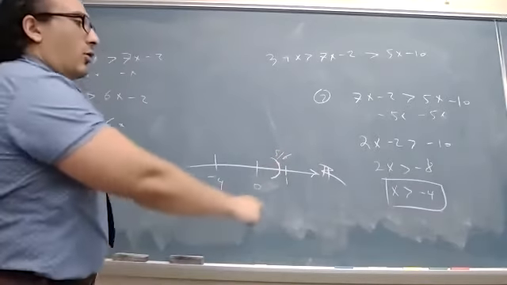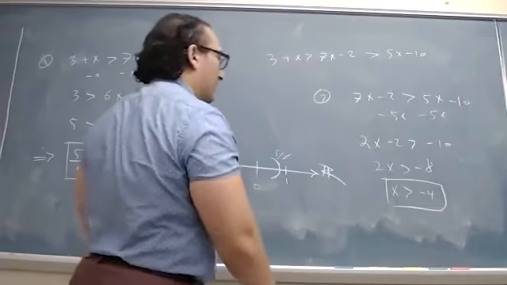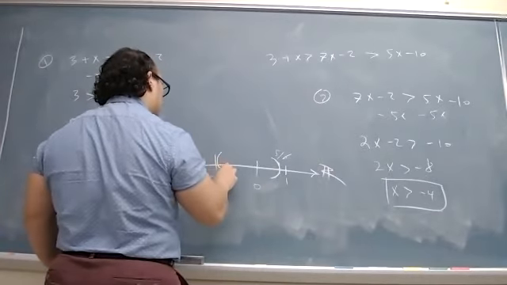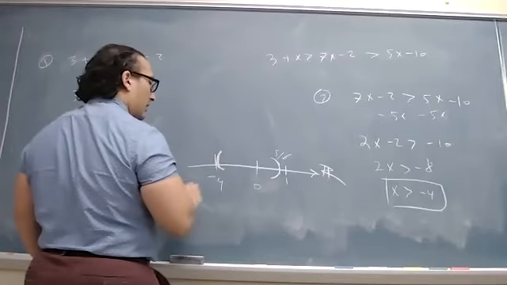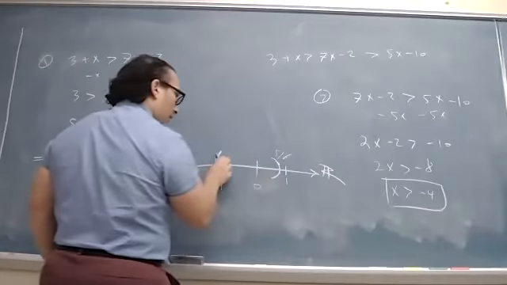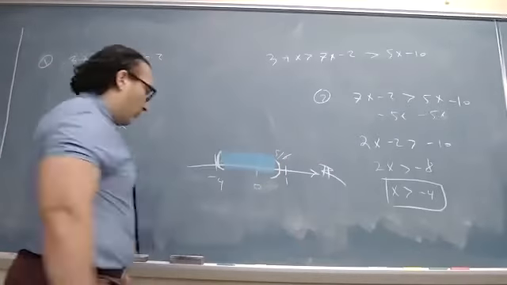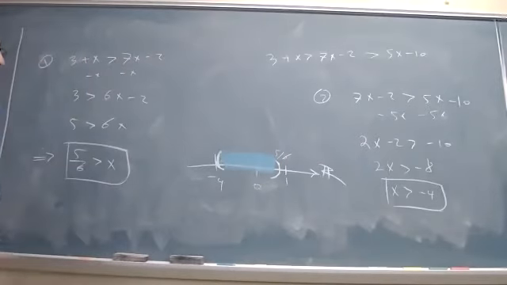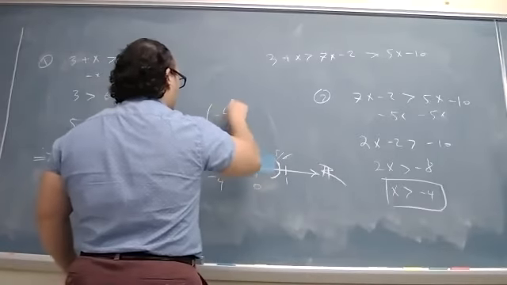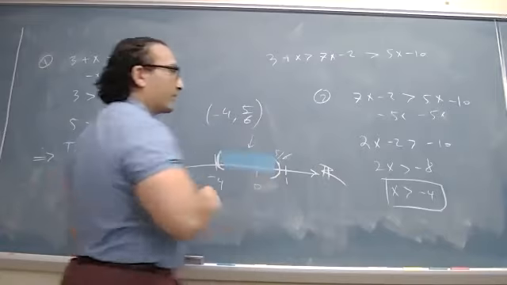Over here it's saying x is greater than negative 4, but it doesn't include it, so I'll put a parenthesis here. Here x is all the values greater than negative 4. Then we notice what happens when we fill it in. This space right here, in interval notation, is done.